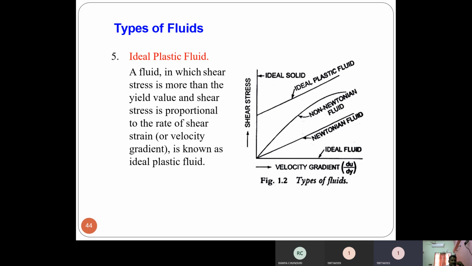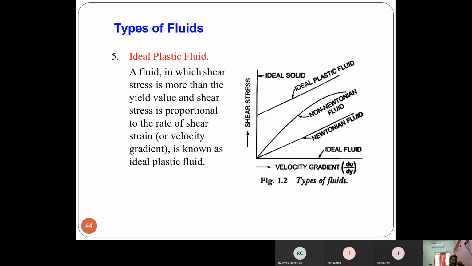Okay, this is the ideal fluid. For ideal fluid, viscosity is zero. So tau is equal to mu into du by dy. If you put viscosity equal to zero, then shear stress will become zero. So that is why ideal fluid is represented on a horizontal line.